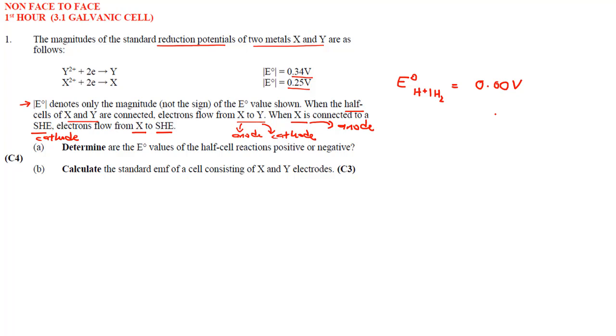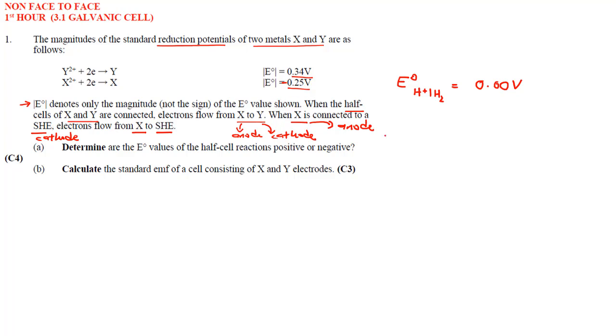Kalau E naught value dia more positif, dia prefer reduction dan bertindak sebagai cathode. So what you must know, X punya value tu is more negative lah. Contohnya, X value sekarang adalah 0.25 volt lah. So by right E naught value untuk X adalah negative 0.25 volt.